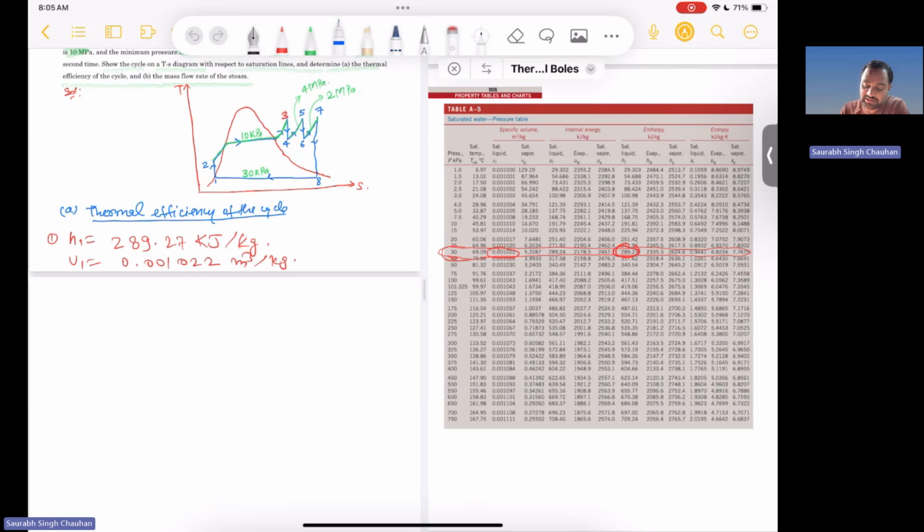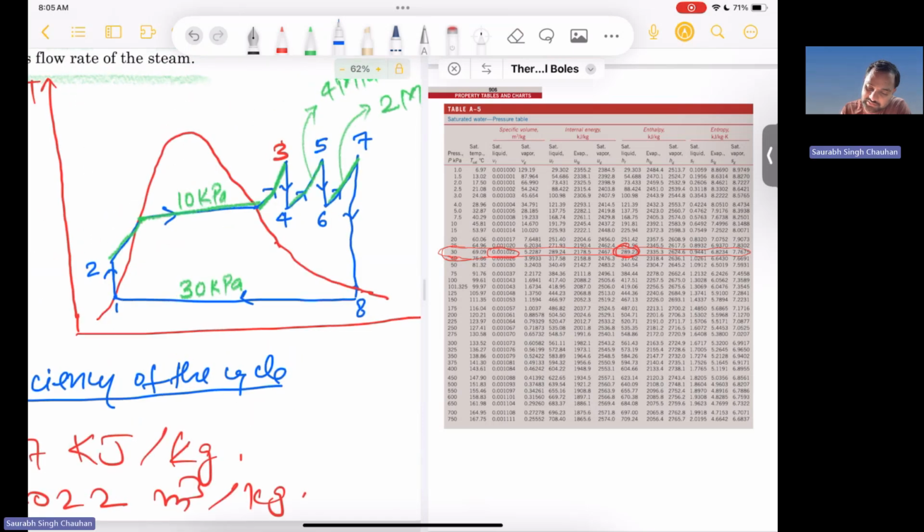So now we can calculate the pump work. Pump work will be equal to specific volume times the increase in pressure. So this we have just found from the table, and the pressure at P2 is 10 megapascal.